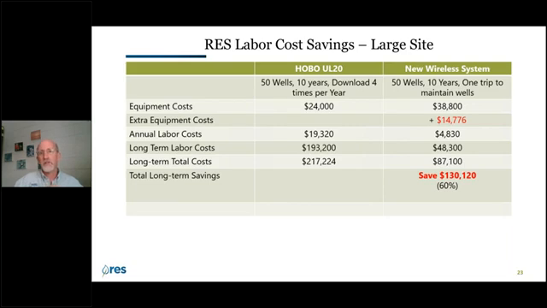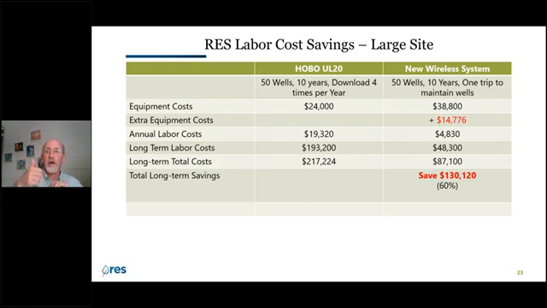And so this is a pretty conservative estimate. The new system, yeah, it costs, you can see the red number there, almost $15,000 in additional equipment cost, but that's hugely offset by the labor savings.